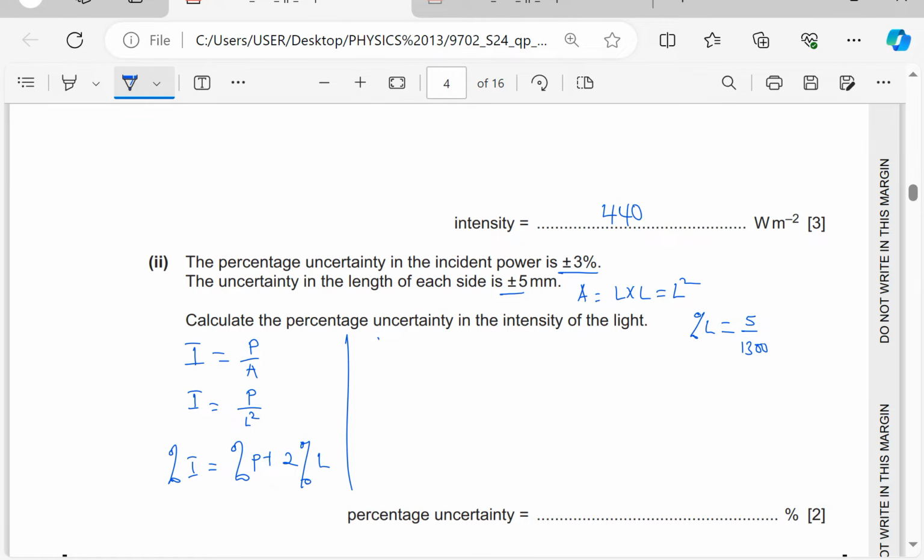I don't need to convert the units because both are millimeters. Then I multiply by 100 to make it a percentage.